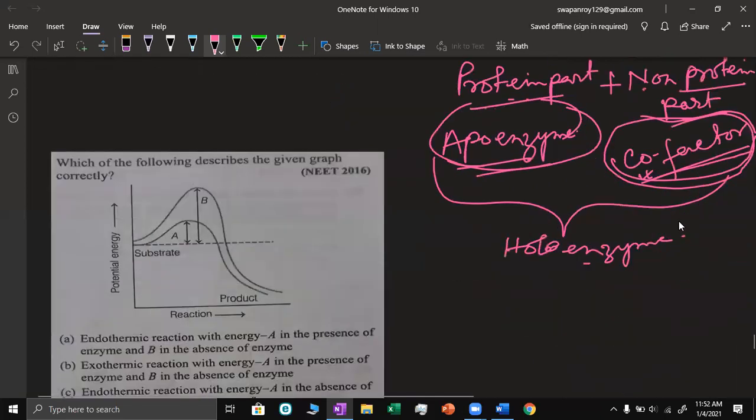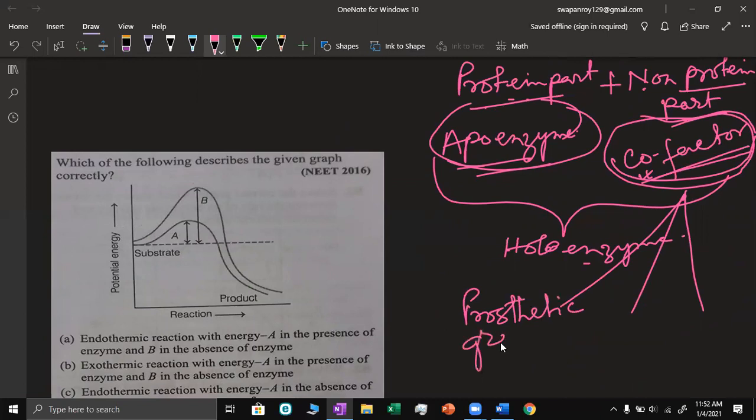Cofactors are of three types. One is called prosthetic group, then coenzyme, and metallic activator, or metal ions.